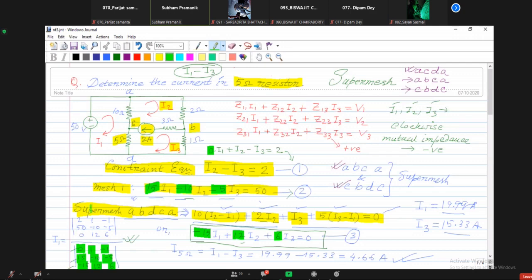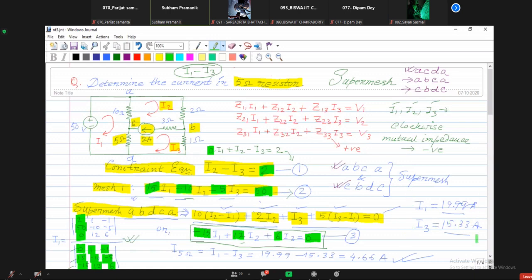And as you are finding I1, the first column will be replaced by 2, 50, 0. The rest of the columns will remain the same. Find I1. Similarly, you can find I3 also.